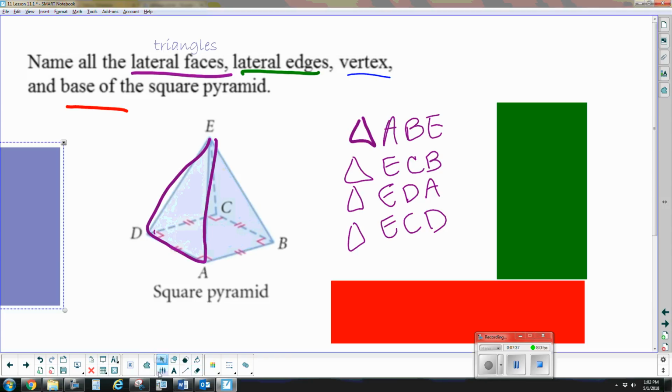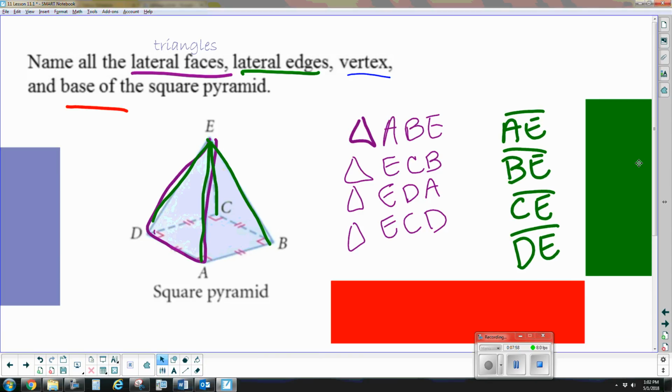Now the lateral edges, those are the edges that connect the vertex to the base. So again, you have 4 edges, 1, 2, 3, 4. Those are the ones that connect the base to the vertex. And those are all segments. So when we name our lateral edges, we're going to name those as segments.